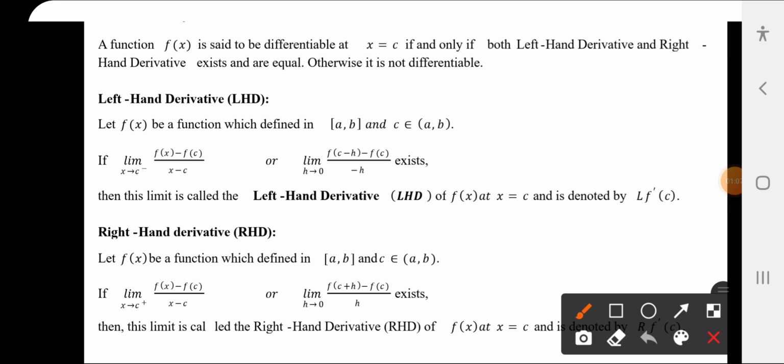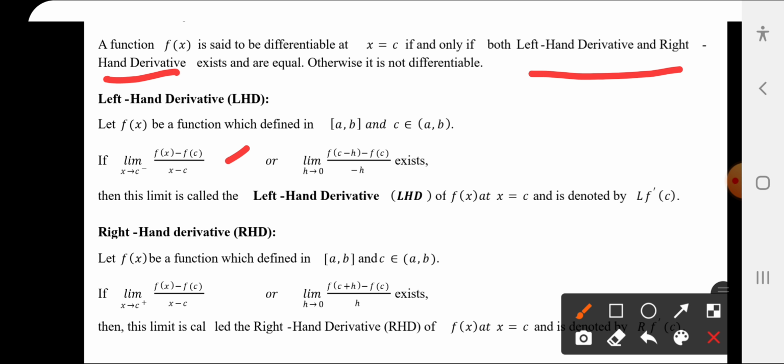Here, the meaning of left hand derivative and right hand derivative you have to discuss. Let f of x be a function which is defined in (a, b), then the limit as x tends to c minus of f of x minus f of c divided by x minus c, if it exists, is the left hand derivative.